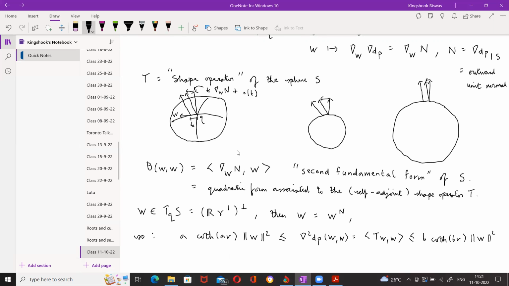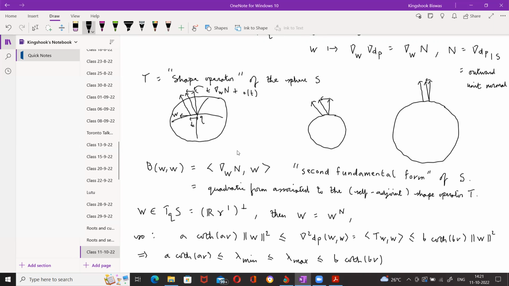So this means that the eigenvalues of T are bounded above and below by a cot(ar) and b cot(br). This implies a cot(ar) is less than or equal to lambda min, less than or equal to lambda max, less than or equal to b cot(br). So this shape operator is positive definite.